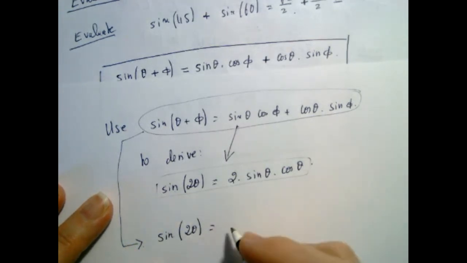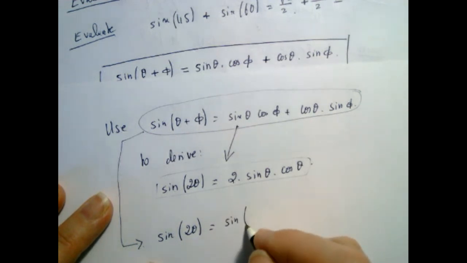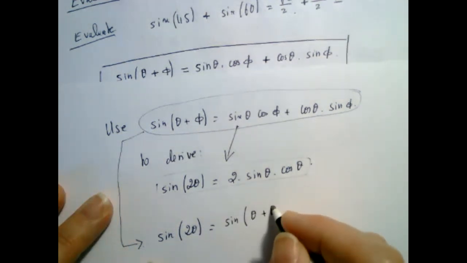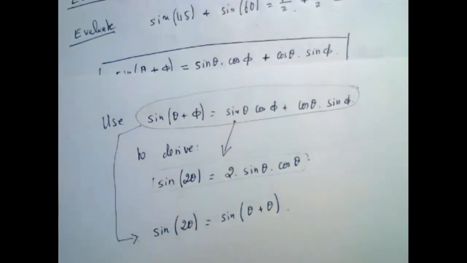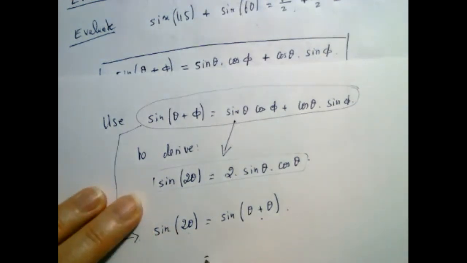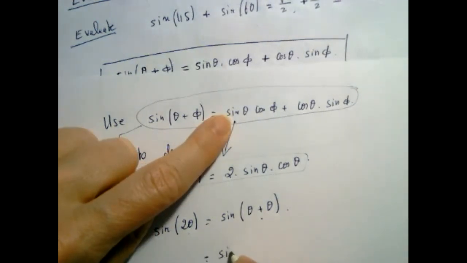One way you can do it, we say sine 2 theta is that. Am I correct here? 2 theta is theta plus theta. Now how can I apply this?